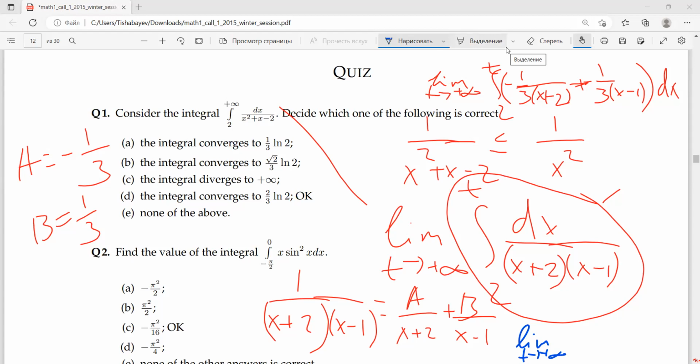Natural logarithm, yes. 1/3 natural logarithm of x minus 1 divided by x plus 2, and put here 2 and t, sorry, not +∞, t firstly, and then you will solve here, find here the corresponding value and put +∞. Is it clear?